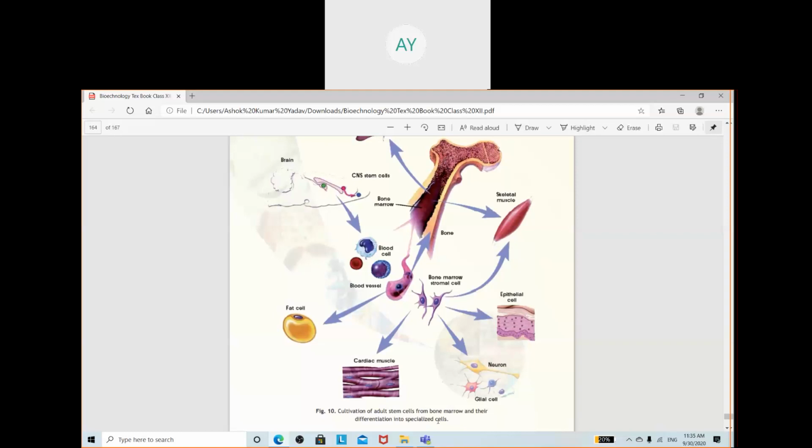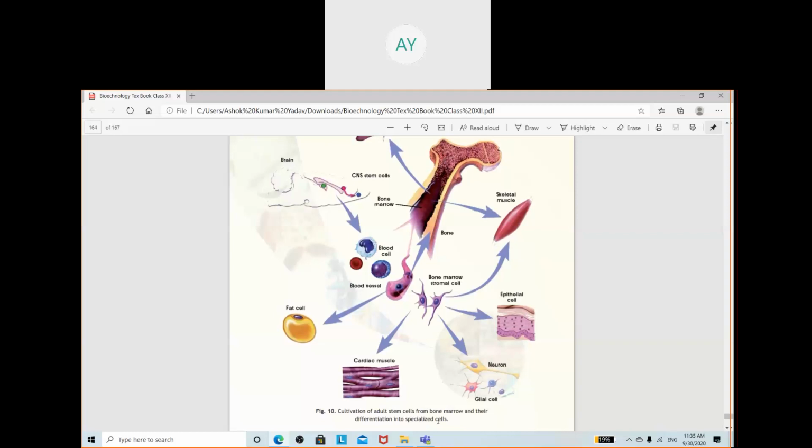Bone marrow cells have such capacity, the self-renewal capacity and differentiation capacity, and you can culture them and modify that cell into different types of cells, like neuron cells, epithelial cells, skeletal muscle cells, meaning any type of cell you can differentiate from the one adult stem cell, that is bone marrow.